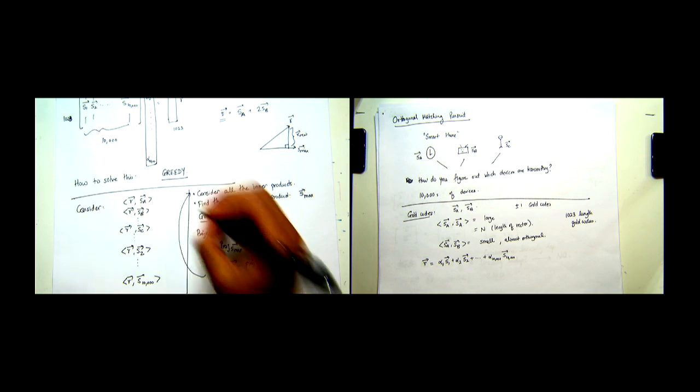So once I have this R new, I basically go to the beginning. I say, okay, let me now consider inner products of R new with all of the signals. Let me pull out that signal that has the biggest inner product. Once I pull that out, I say, well, I've explained some part of my signal now.